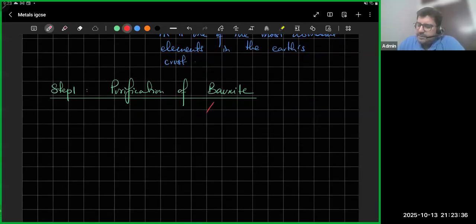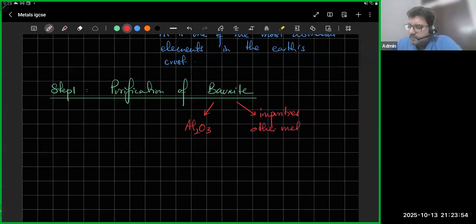Now, bauxite consists of two things. One is Al2O3, and the other thing is impurities. And those impurities are other metal oxides. The example is iron oxide.